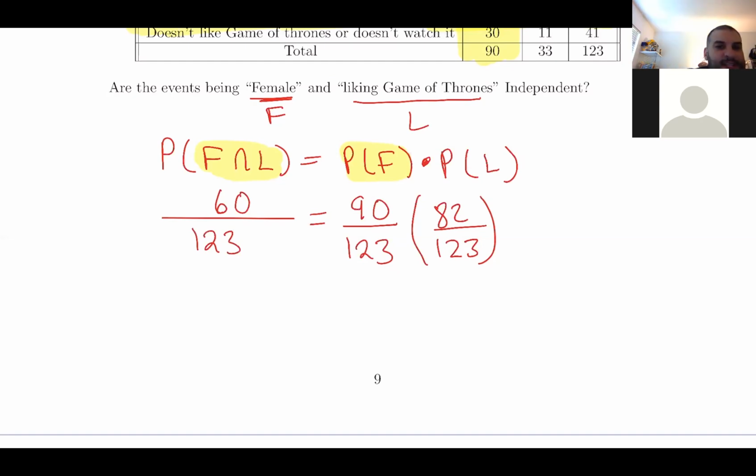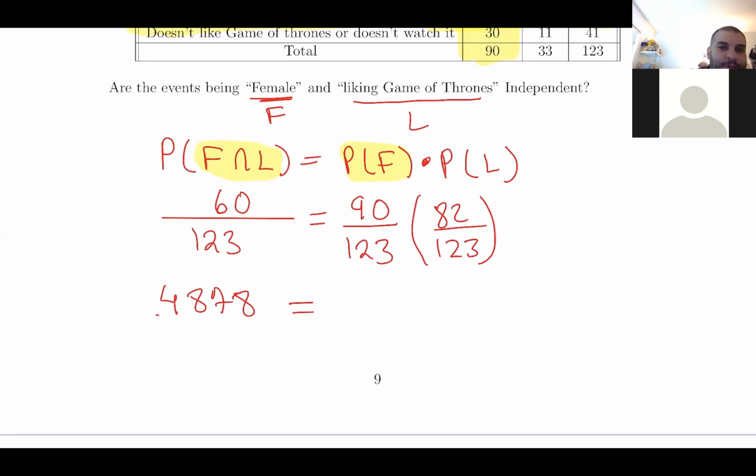First, 60 divided by 123. You get 0.4878. All right, so that's my left-hand side: the left-hand side is equal to 0.4878. If the events are truly independent, the right-hand side should also give me 0.4878.